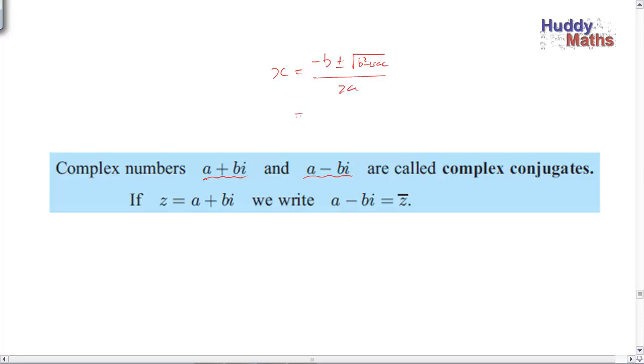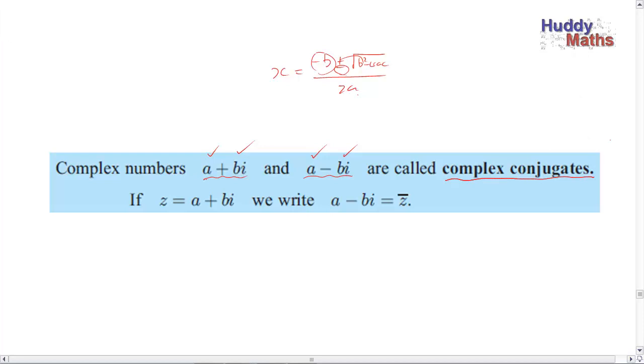So it's going to be some complex number here, negative b plus over here thing, and then negative b minus. So they're always going to have this sort of pattern. Okay, and they're called complex conjugates.